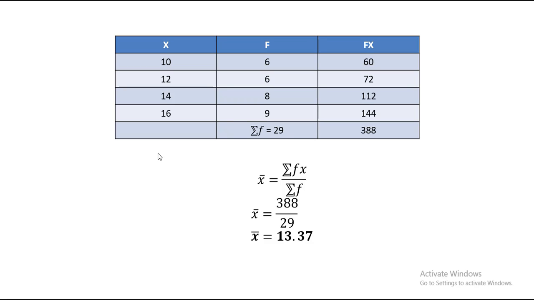So x for this case is the observations given, f is the frequency, and after multiplying f and x for each value, we get the total, summation fx divided by sum of f, and that's how we get the mean value, that is 13.37.